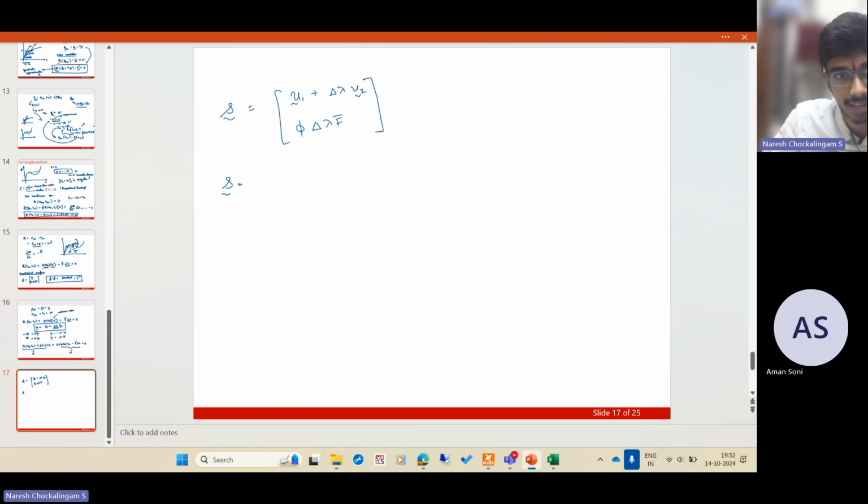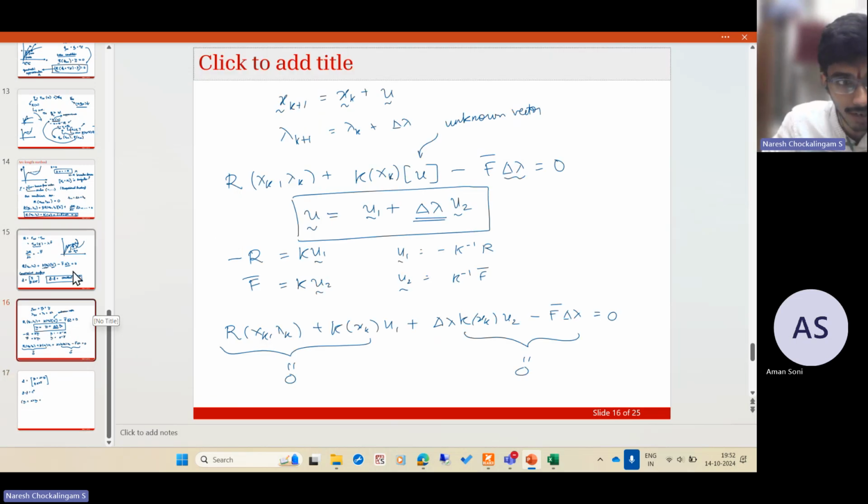So we have this constraint S dot S is equal to C square. So what we have is U1 plus delta lambda U2. Okay, actually, sorry. This constraint is on the total step.